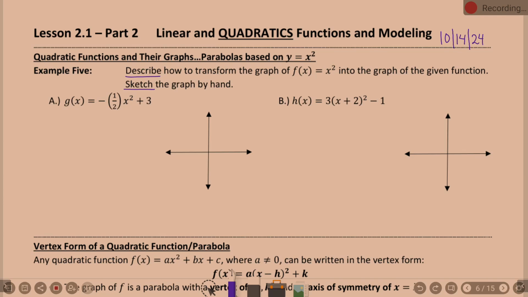The plus 3 is going to translate my graph up 3 units. And? Vertical compression. The 1/2 is a vertical compression or a vertical shrink.